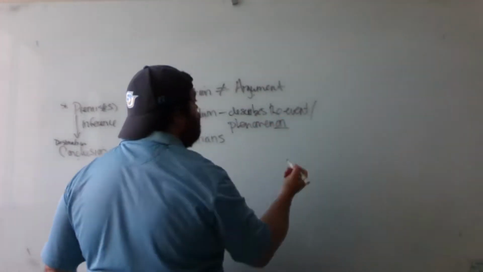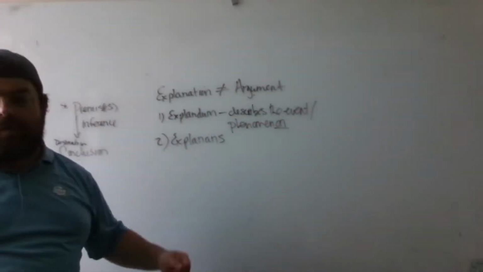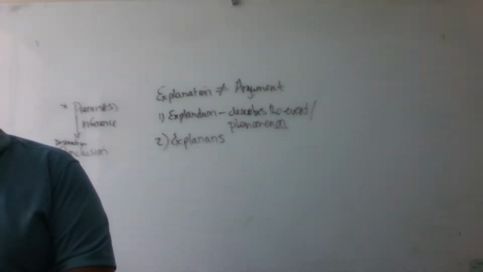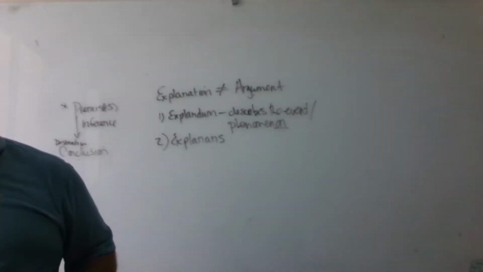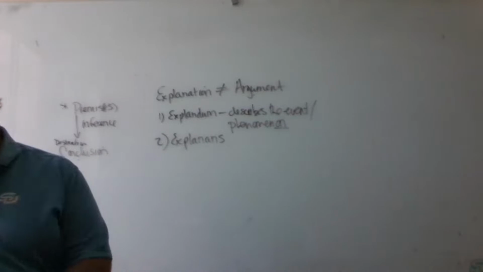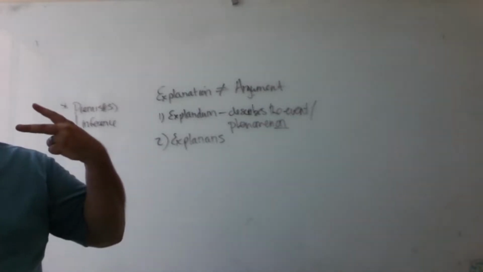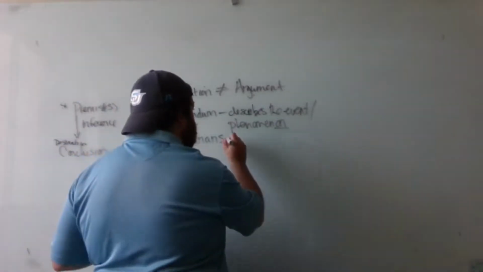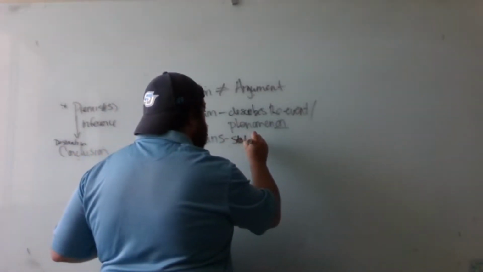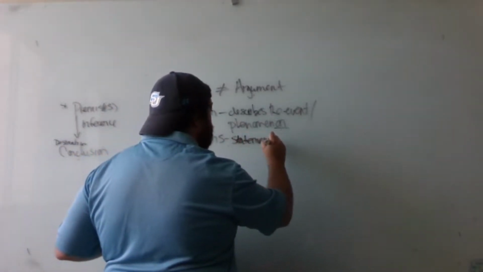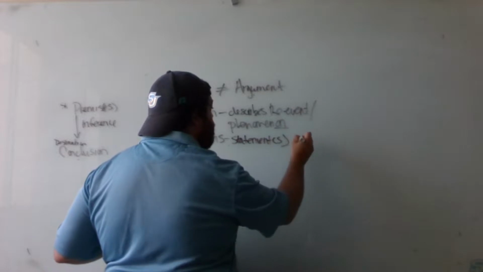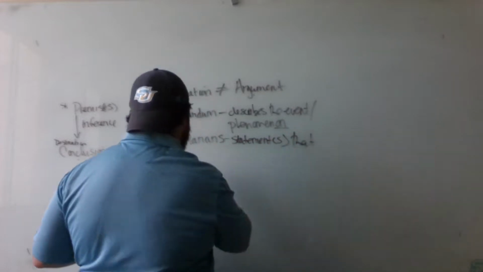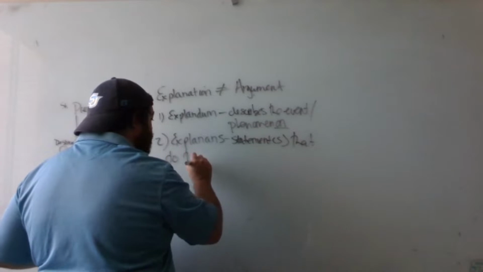Right, and phenomenon is singular, phenomena is plural. The explanans is the statement or group of statements that convey that explanation, statements or group of statements that do the explaining.